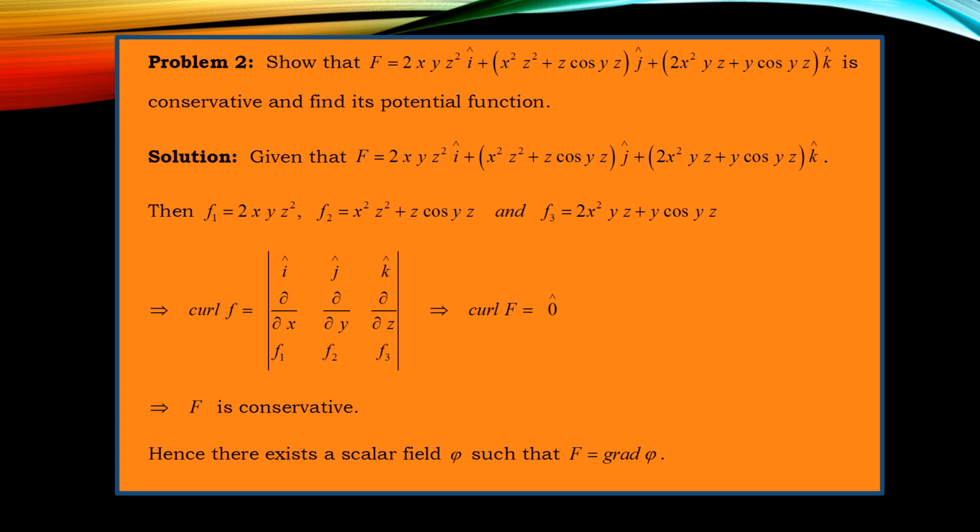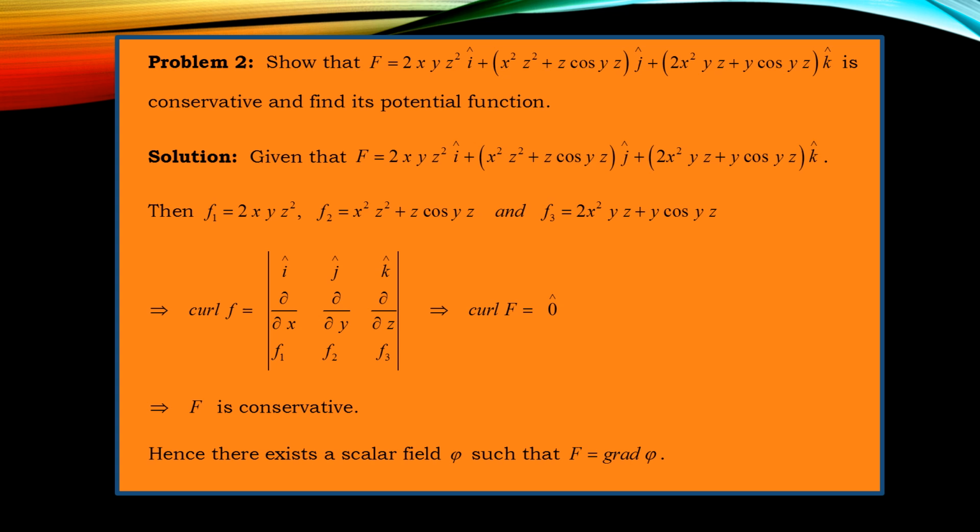The given vector field F is equal to 2xyz² i cap plus (x²z² plus z cos yz) j cap plus (2x²yz plus y cos yz) k cap. We have to show that this vector field is conservative. To show that, we have to prove that its curl is the zero vector. Let us do that first.